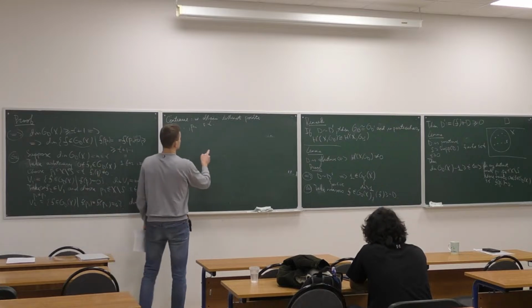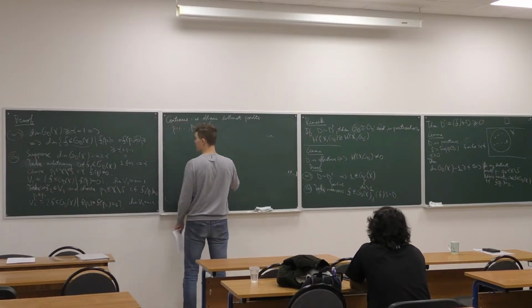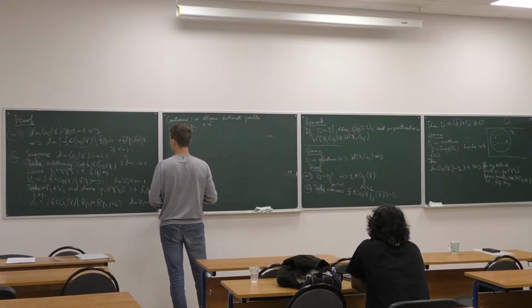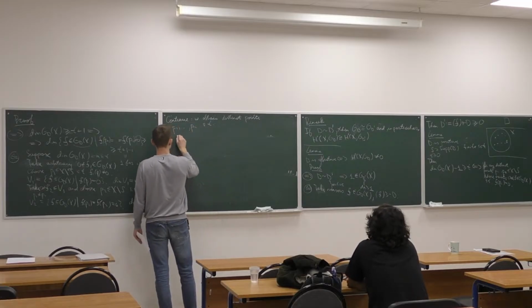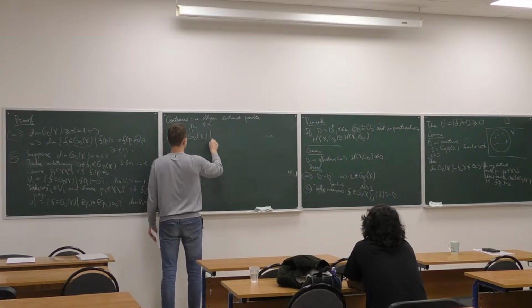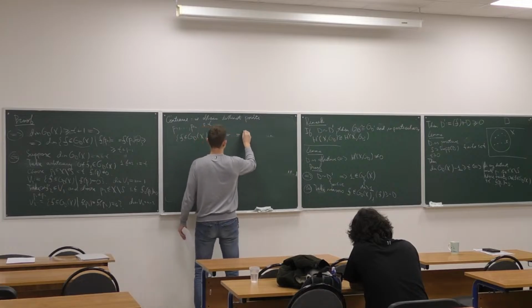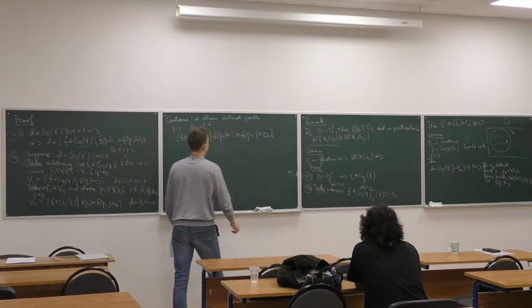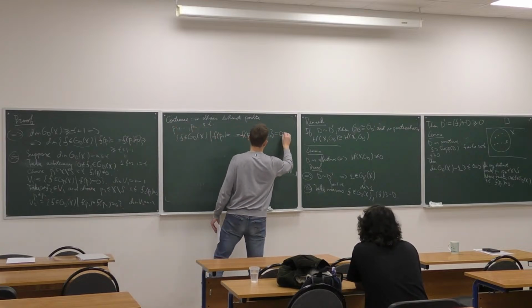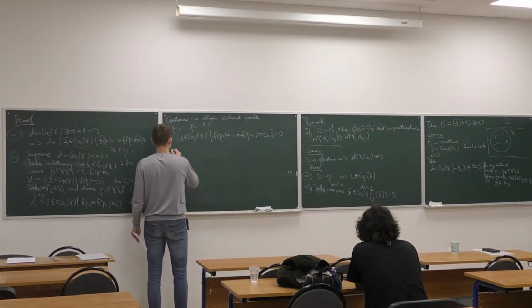And then you construct distinct points p1, ..., pm such that the dimension of the space of functions in O_D(X) that vanish at these points is equal to 0. And so this is a contradiction.